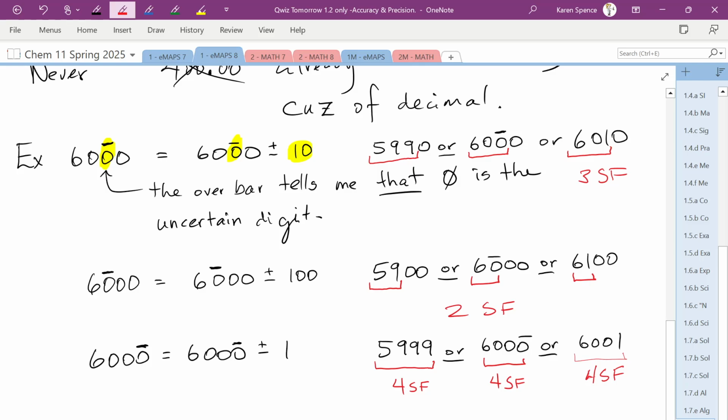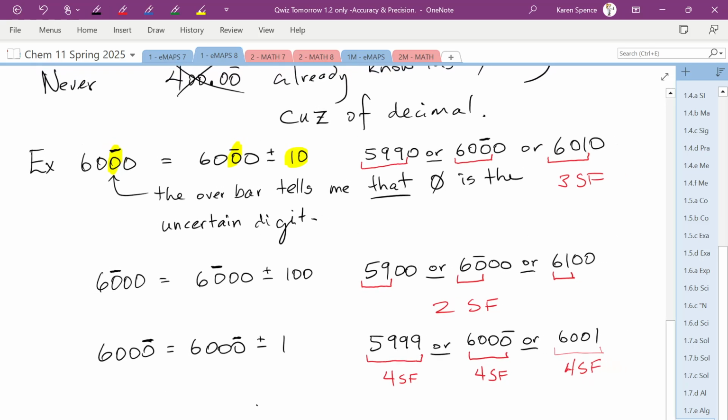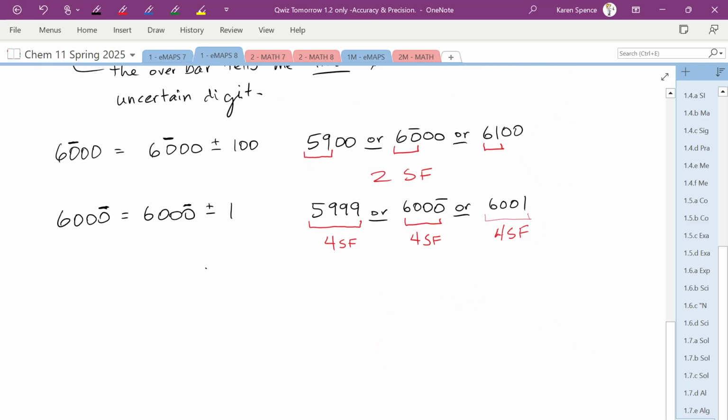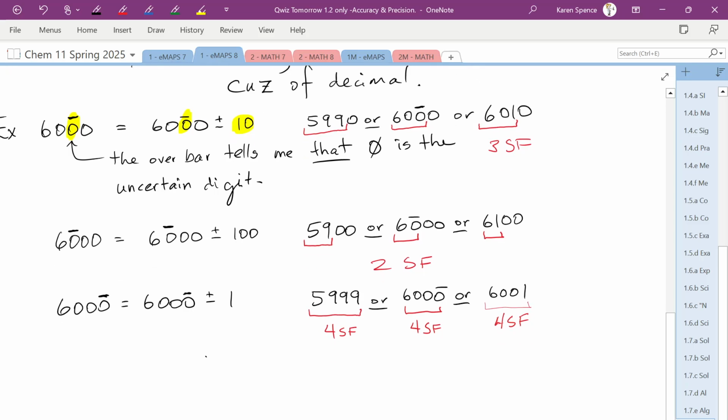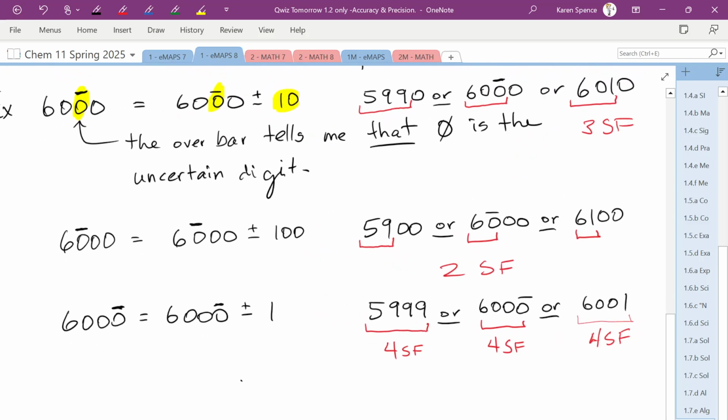Don't like the overbar? That's okay. We can write it in scientific notation, which we'll go into in more depth tomorrow. But for today, let's just look at the number 6,000, because all of these are different versions of 6,000. 6,000 is equal to 6 times 1,000.